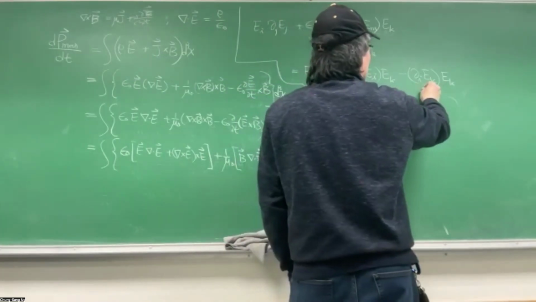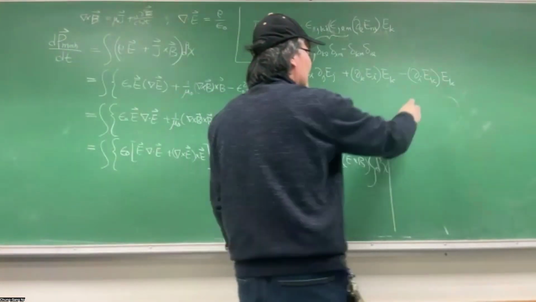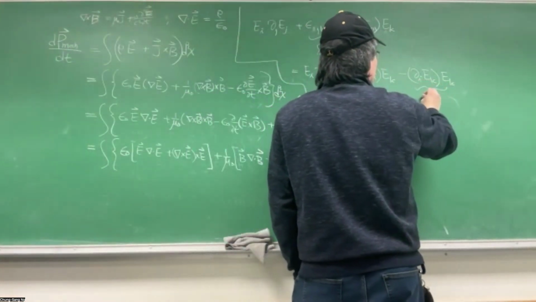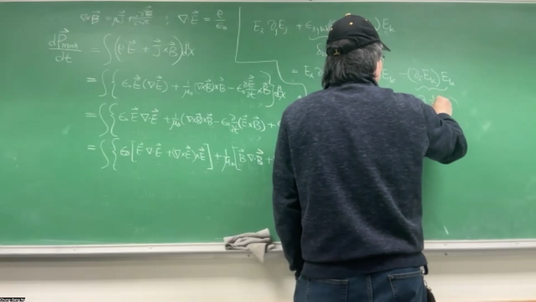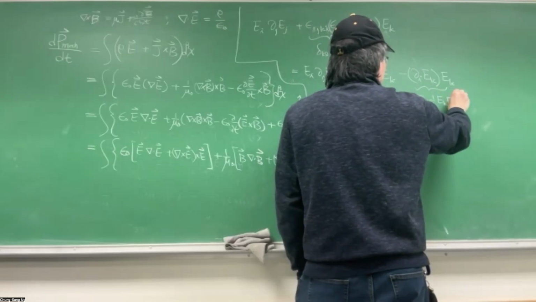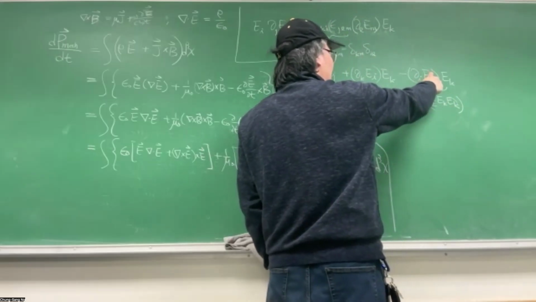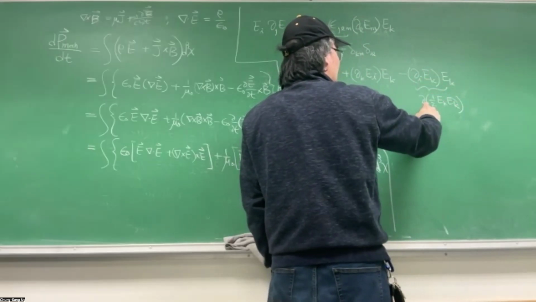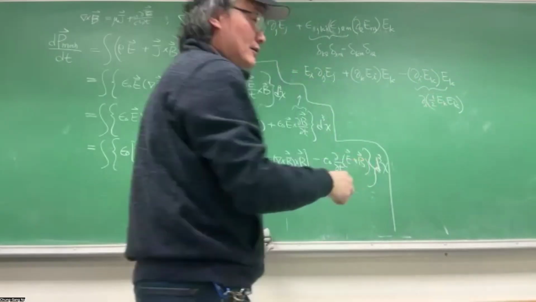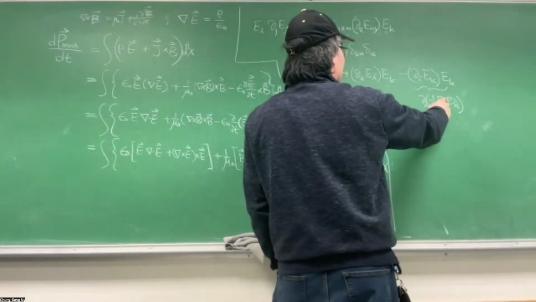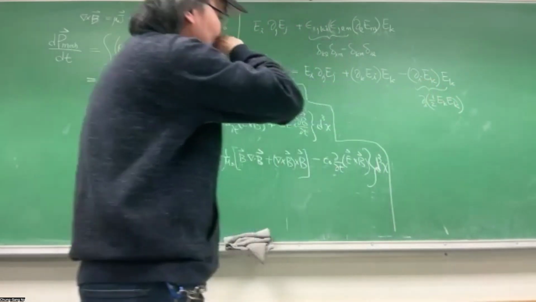Because you have a repeated index that is summed over, this is just partial i of E_k E_k over 2, which is just the magnitude of E, right? You put it inside the derivative. You get this 1/2 factor because you are taking the derivative twice, and dividing by 1/2 gets back to this one.